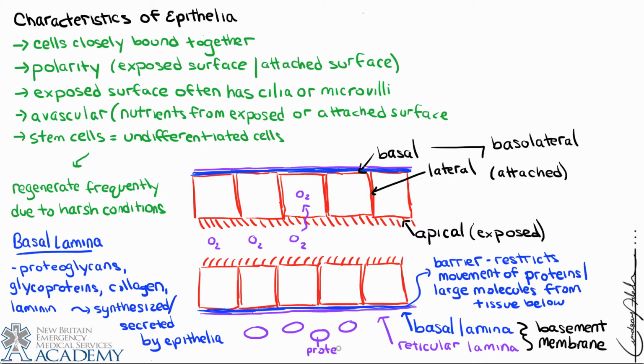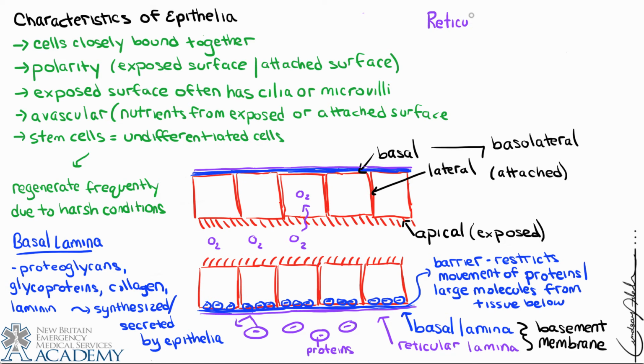Because the barrier is made of these protein-carbohydrate composites, the basal lamina possesses a lot of negative charge, and we know that proteins possess negative charge as well. And so it creates some repulsion, so that these proteins can't emerge and then become part of the epithelial space instead.